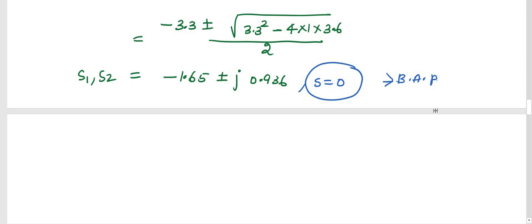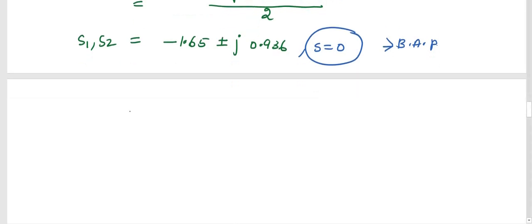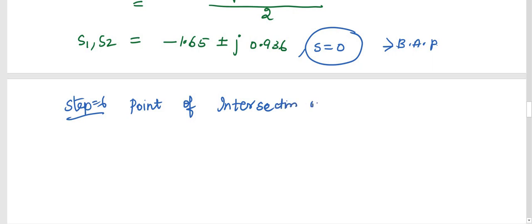After getting the breakaway point, this is step number 6: point of intersection on the imaginary axis. For finding this, I am going to take the characteristic equation.